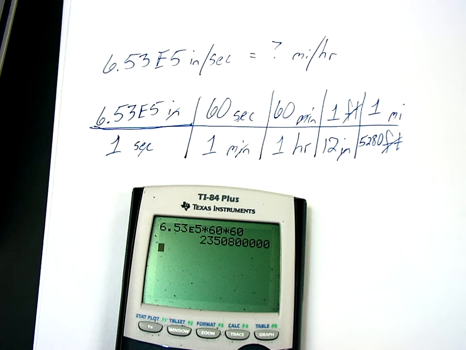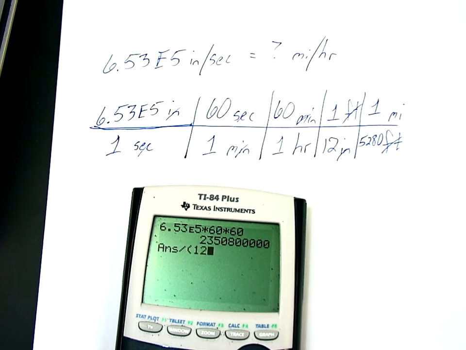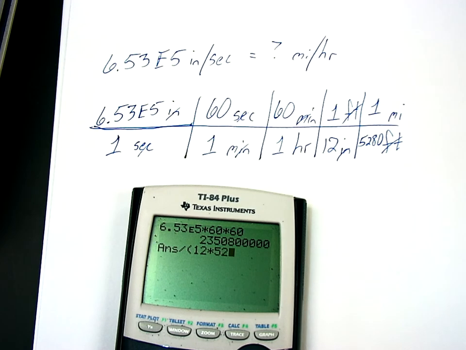And I get a top number, all right? That's a big top number. But remember, we're dividing it by the product on the bottom. Notice how I use parentheses for order of operations. Divided by 1 times 1 times 1 times 12 times 5280. Questions on what I've done before I get an answer?